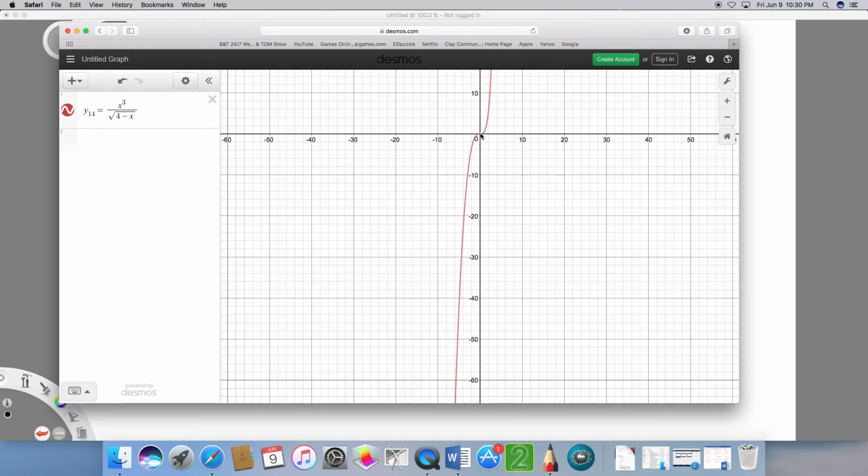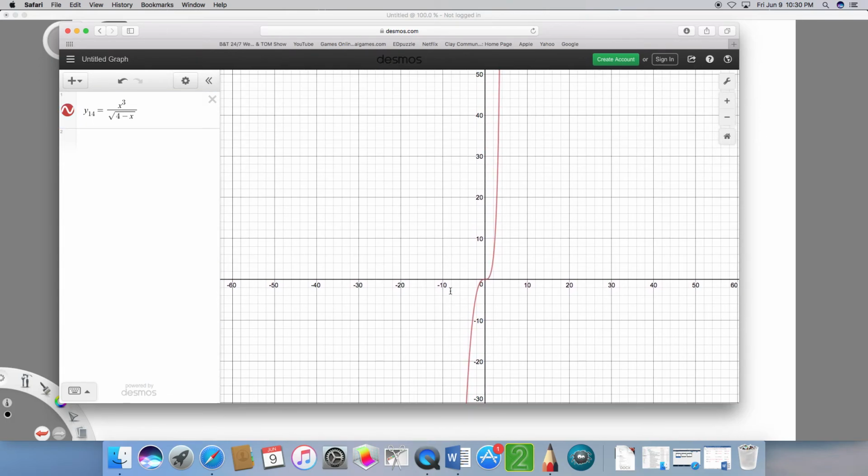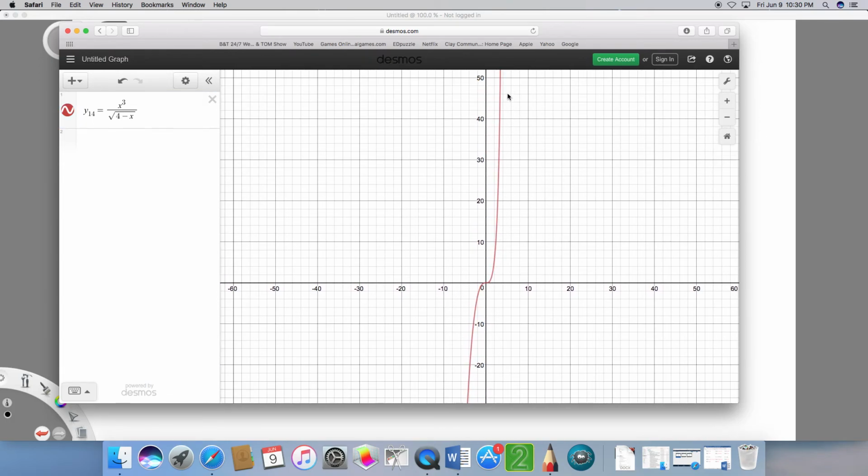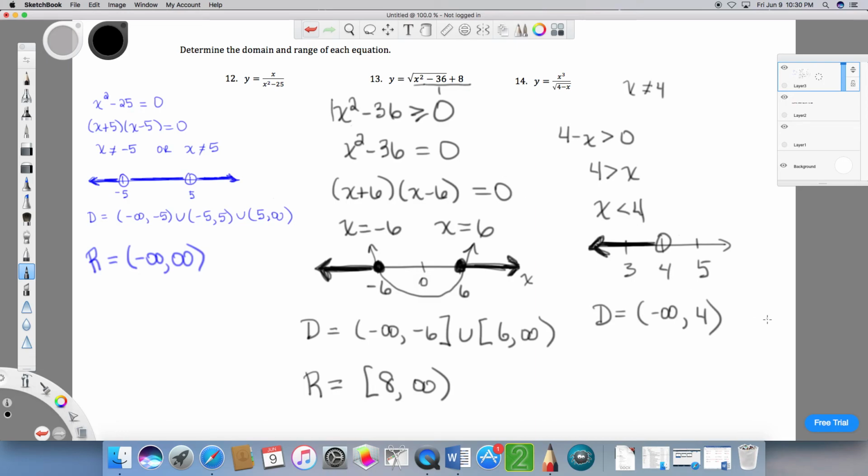I'm coming up here, passing through the origin, and it does look like 0, 0, that 0 is in the range. And then as I move up, I'm going up to positive infinity. So the graph is telling us that the range is all real numbers.